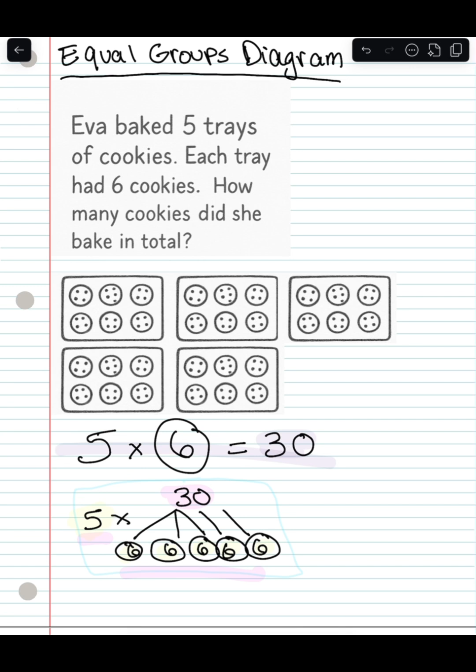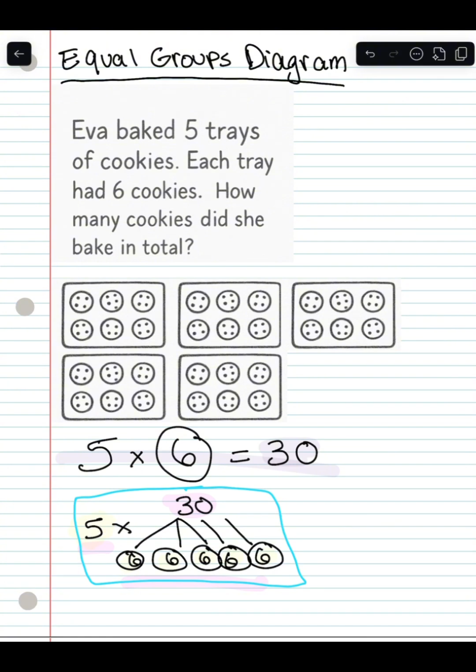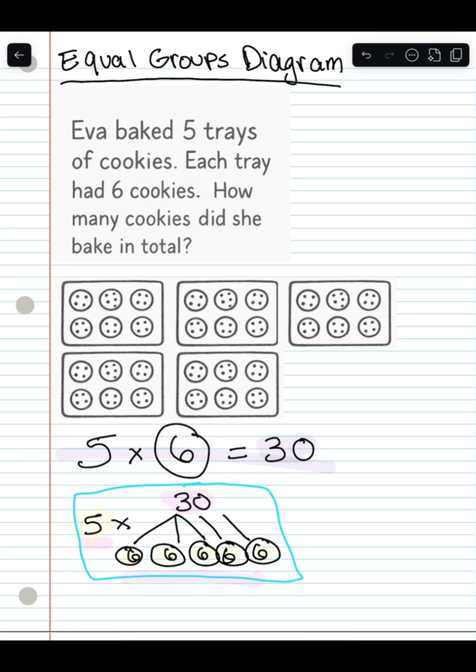So this would be your equal shares or equal groups diagram. And what this is showing is that you see what's happening. So you have 5 groups of 6 versus 6 groups of 5. So it's not just a different set of numbers, but it's also a different visual structure. So this really shows that you understand the number of groups and then the group size.